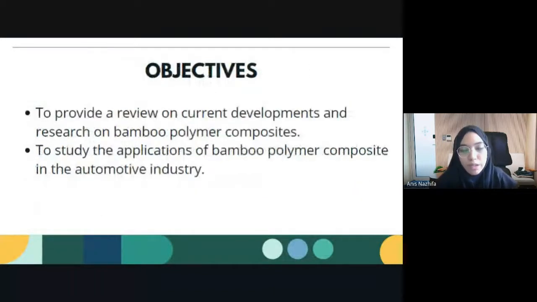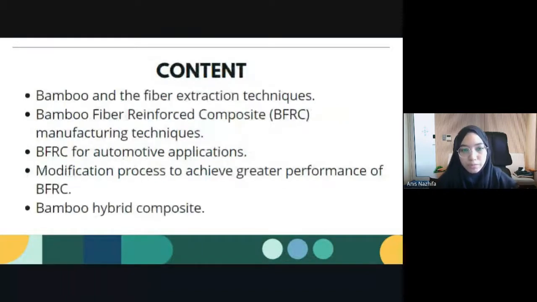The objectives of this study are to provide a review on current developments and research on bamboo polymer composite, as well as to study the applications of bamboo polymer composite in the automotive industry. The content of the study is bamboo and fiber extraction techniques, BFRC manufacturing techniques, BFRC for automotive applications, modification process to achieve greater performance, and bamboo hybrid composite.